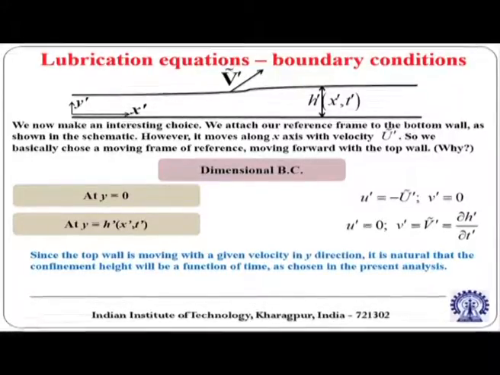The u boundary condition is good enough to calculate u0, but that is not good enough to solve the pressure distribution, because you have to link it through V. So, you require a boundary condition for V, and that boundary condition is V is nothing but del h del t, right. The rate of change of the height with respect to time is V. So, this is like the kinematics of the problem that is deciding. So, it is just a kinematic parameter. These kinds of boundary conditions are also called kinematic boundary conditions.